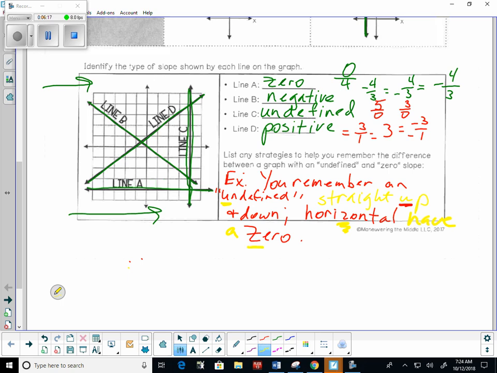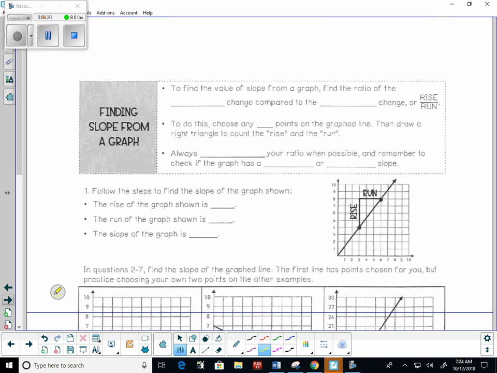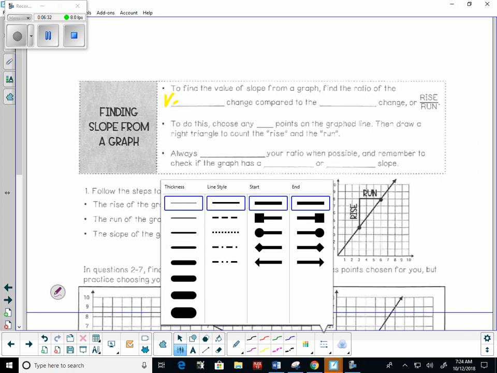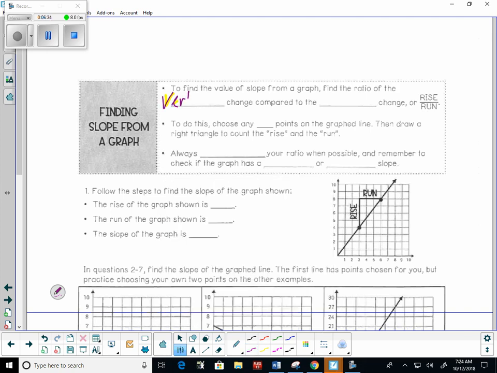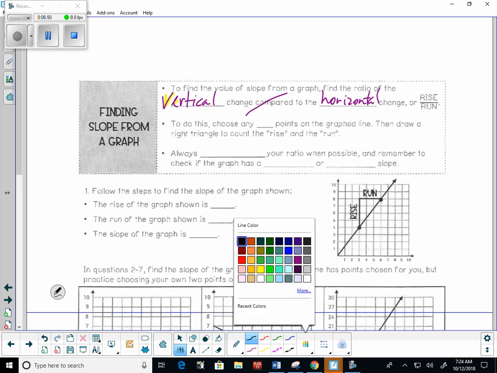Okay? And lastly, to find the vertical value of the slope from a graph, find the ratio of the vertical change compared to, and when we say compared, that means divided by, the horizontal change. And remember, change, does that mean adding or does it mean subtracting?